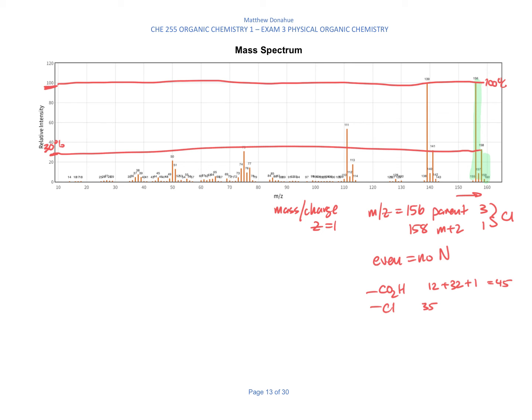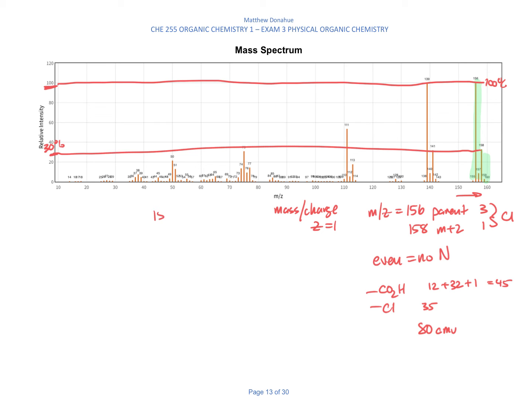So those two together are giving you 80 atomic mass units of that 156. So that's useful as well.